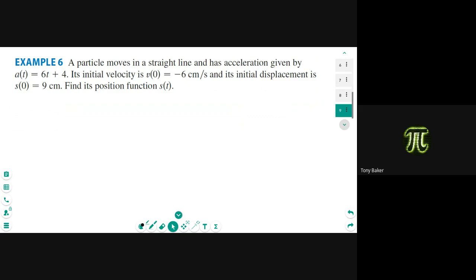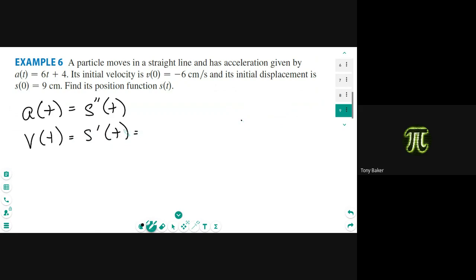So they gave me my acceleration. Your acceleration is typically your what? That's the second derivative. So to find my velocity, that would be my first derivative, right? I would have to take my antiderivative.